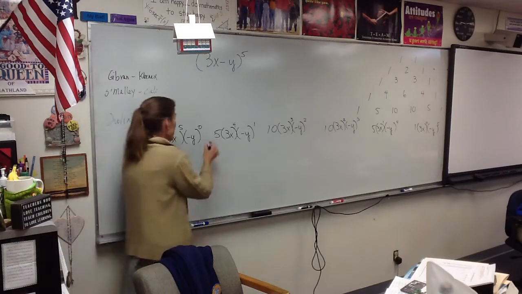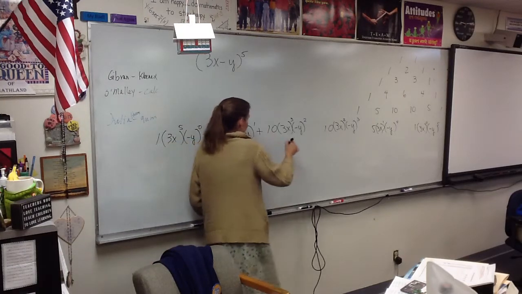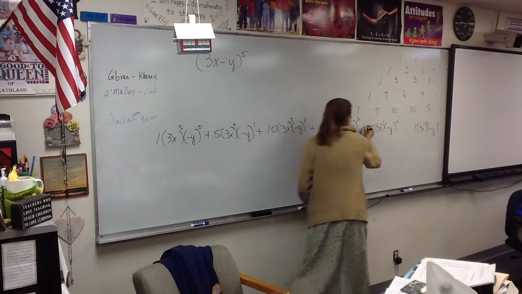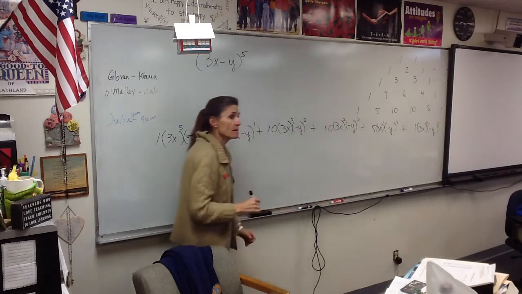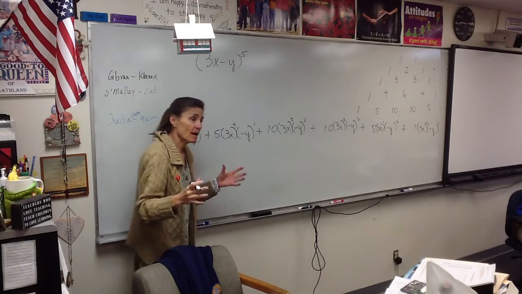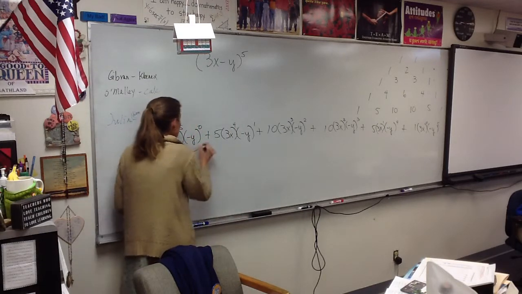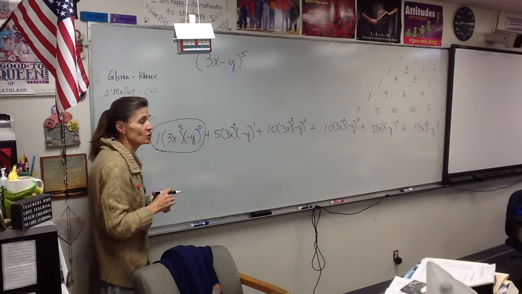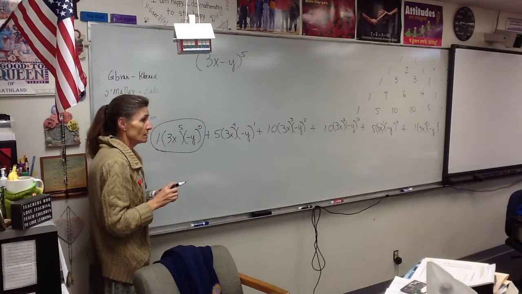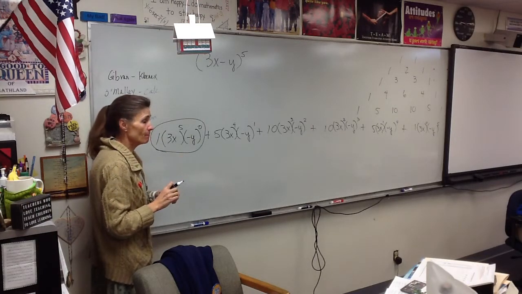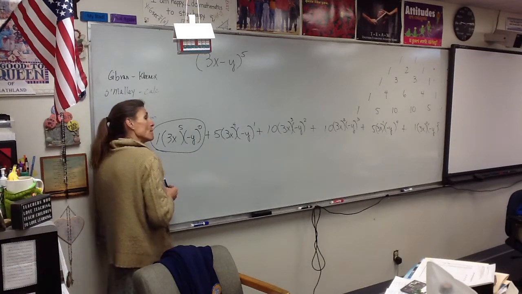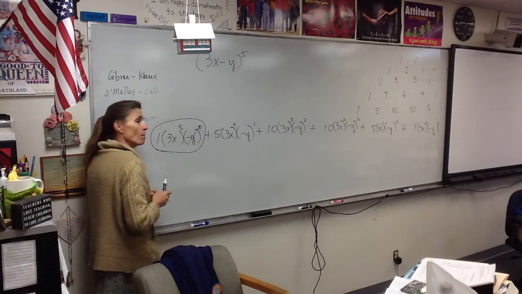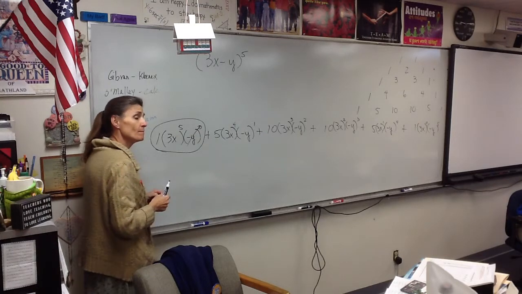Now, I always, for my own security, put plus signs between my terms because they start to run together if I haven't been real careful. And I need to simplify each term individually. So I don't want to get things mixed up. So what have I got here in this first term? Remember, anything to the 0 power is just 1.